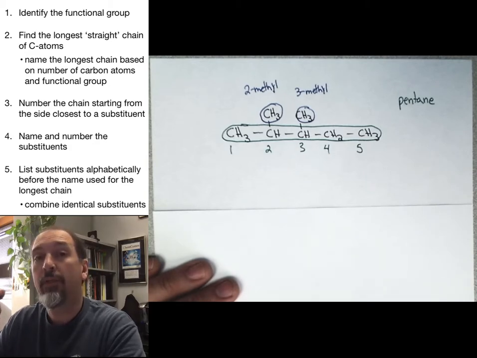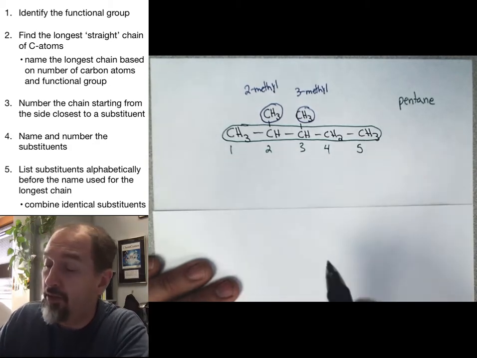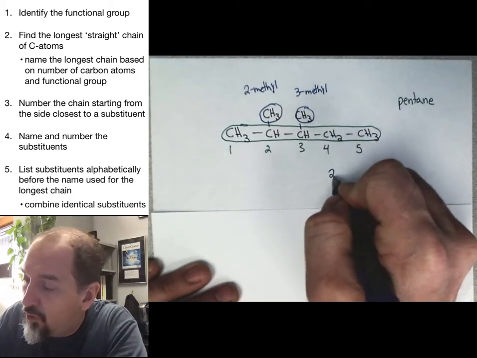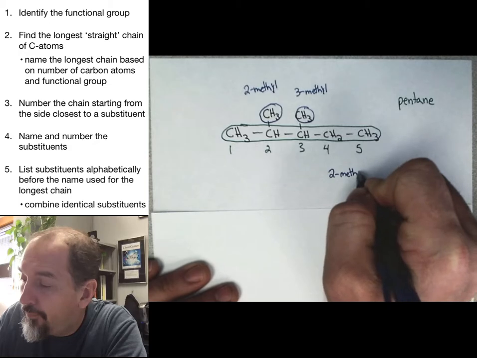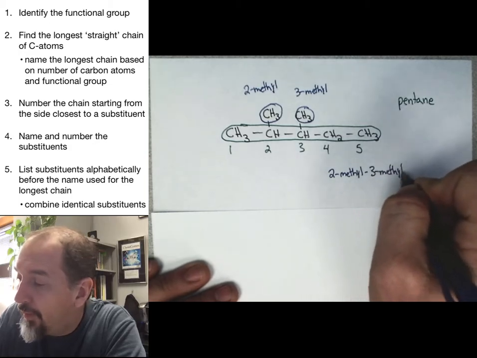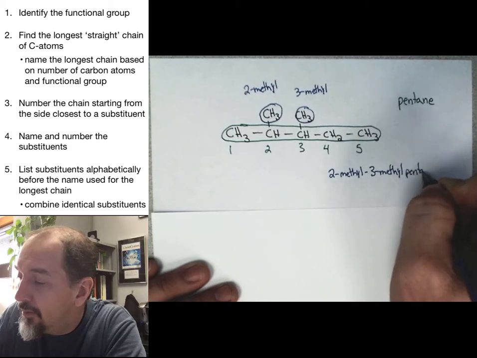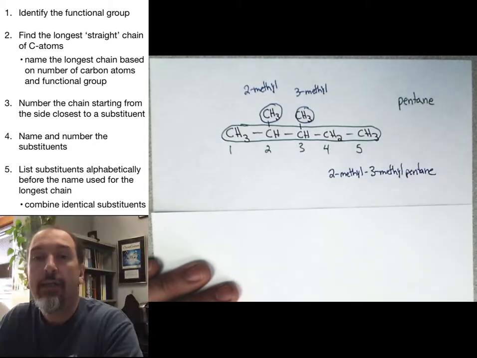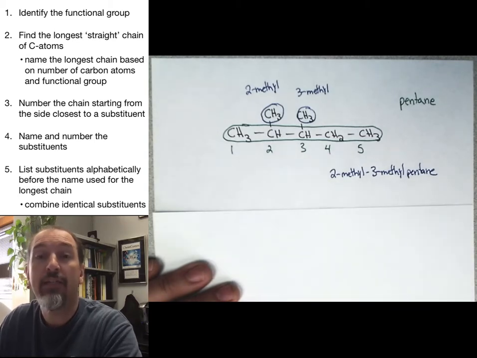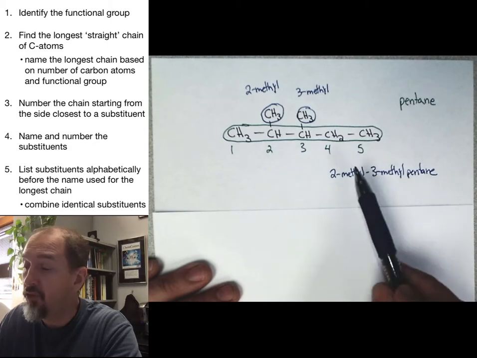So first of all, I'm going to put it together the full way, the way that we've learned so far. So what I can say is 2-methyl 3-methyl pentane. Now, I would know that's the right name for this compound, but technically it's not going to be correct because we can shorten this up by combining these 2 groups.